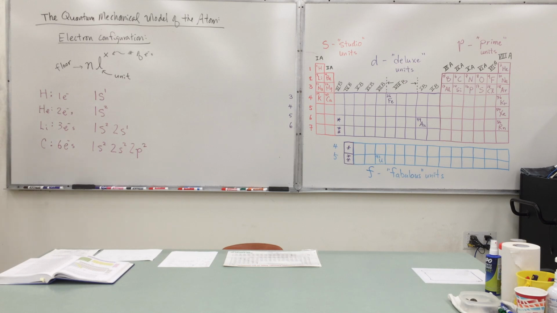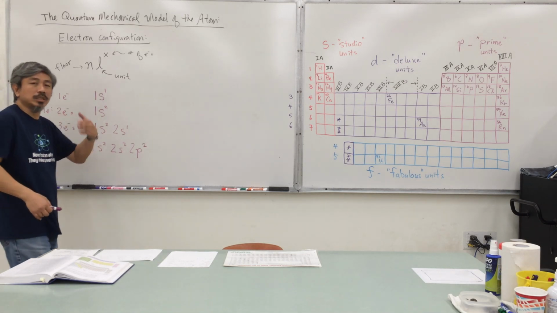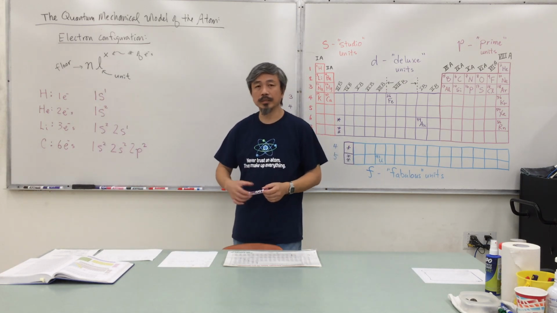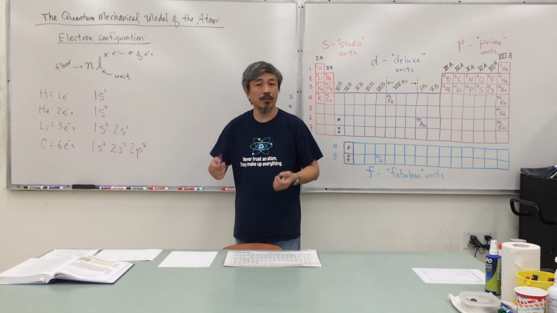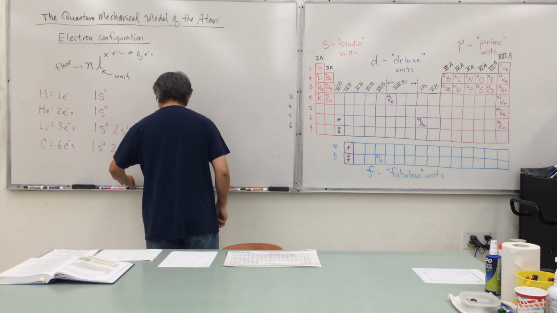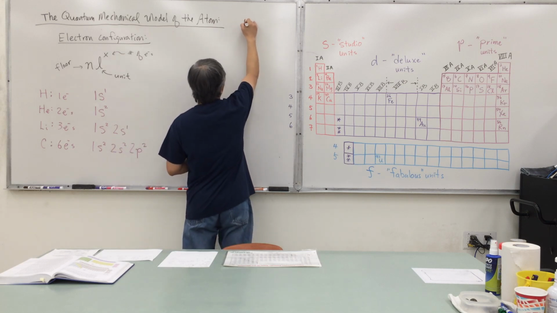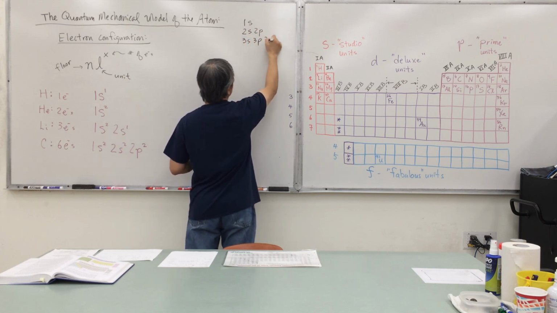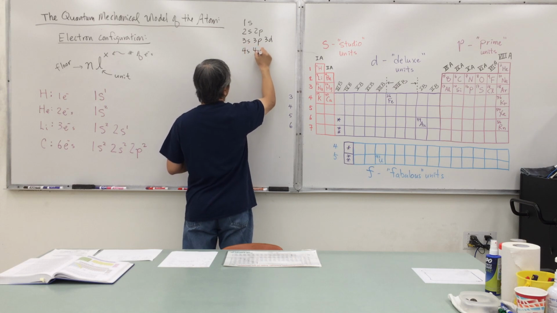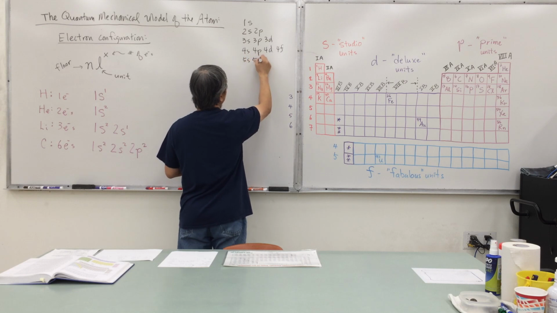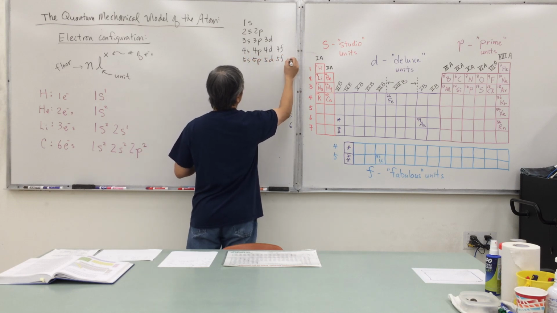So the question is this: how do I know which comes next? Which is the order of the orbitals that I have to fulfill? As it turns out, in the textbook, they show you a very nice visual way of keeping track of which one to go to next. And so I'll reproduce it up here really quick. You start off with 1s, then you go to 2s, 2p, 3s, 3p, 3d, 4s, 4p, 4d, 4f, 5s, 5p, 5d, 5f.